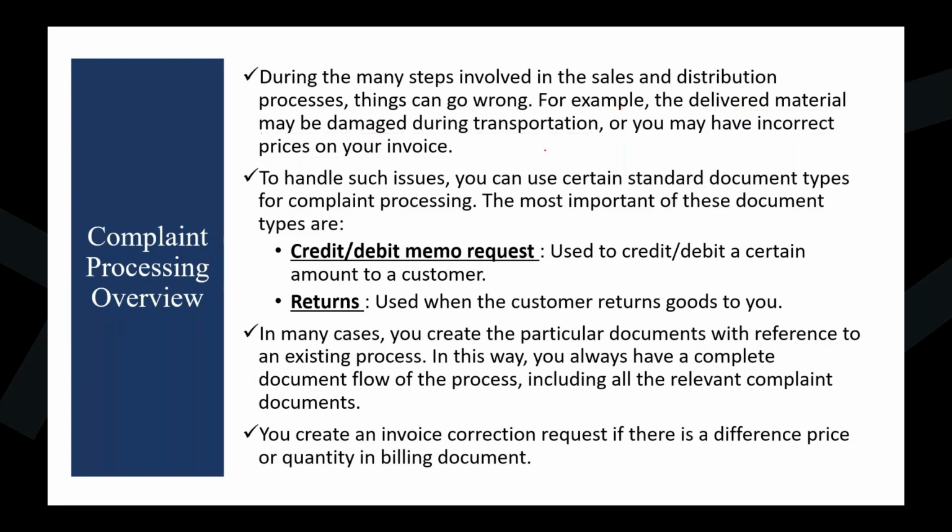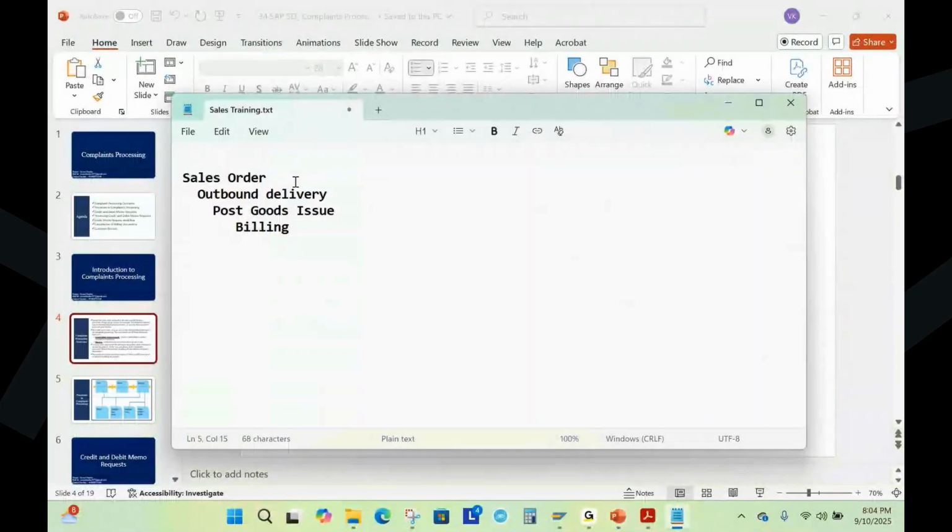So you deliver the product. Let's say the scenario is you create a sales order for 10 pieces. Then the outbound delivery is created for 10 pieces, goods issue is also done for 10 pieces, and billing is also done for 10 pieces.